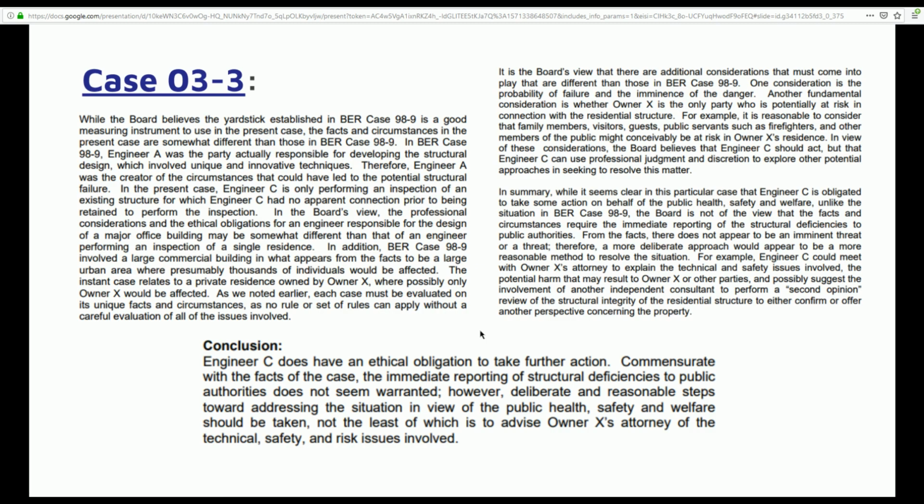If the engineer thinks that the risk is big enough, if they have some reason to believe that other people might be at risk, like if it's a barn on someone's property that teenagers use to drink at night, and the owner doesn't know this but the engineer knows it, then maybe this is the kind of situation that requires bringing in more, maybe bringing in public authority, or at least going further.